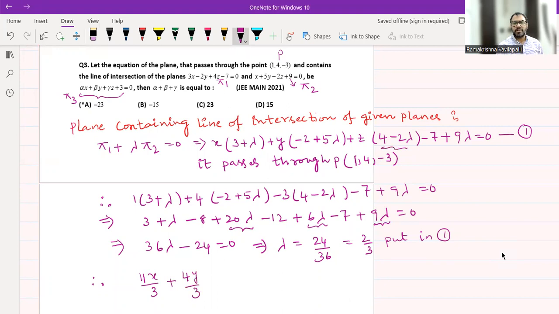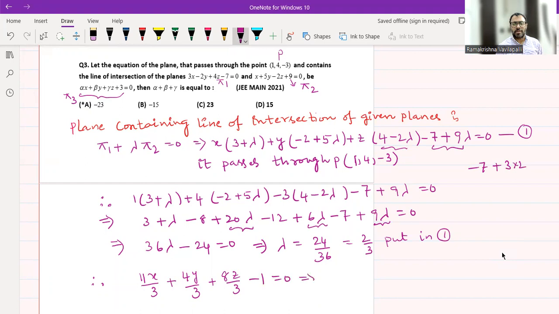And substitute here 4 minus 4 by 3, 8 by 3, 8z by 3. And here minus 7 plus 3 3's lambda, minus 7 plus lambda, so minus 1 equal to 0.